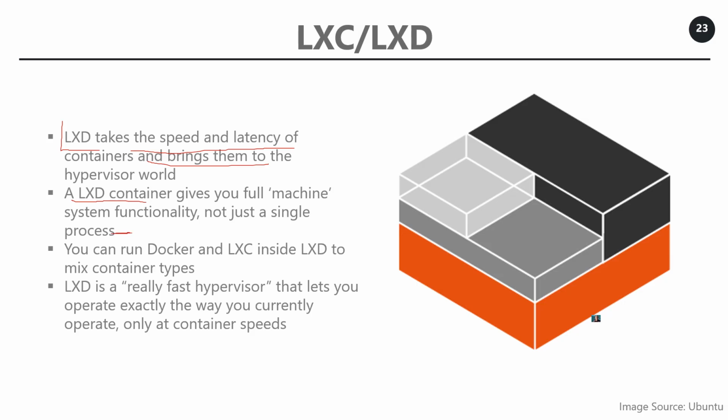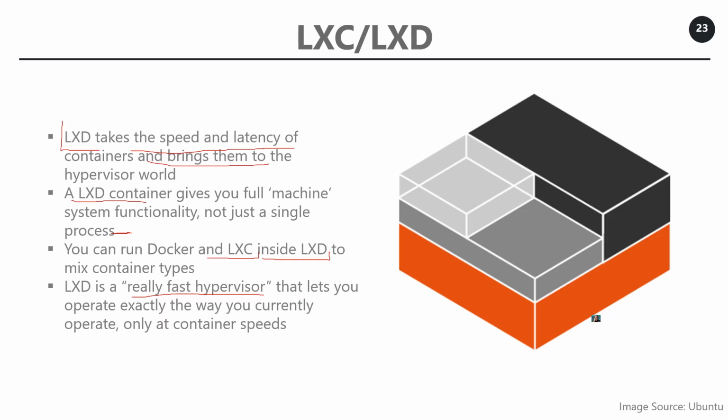You can run Docker and LXC inside LXD to mix container types. LXD is a really fast hypervisor that lets you operate exactly the way you currently operate, only at container speeds. So it's another type of container environment.